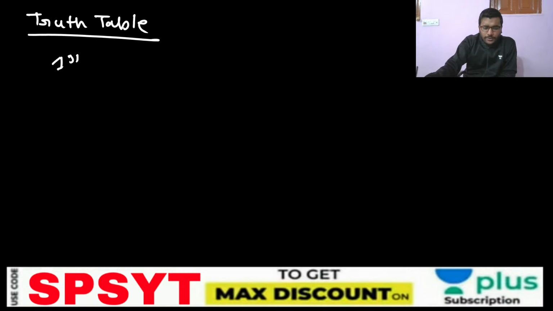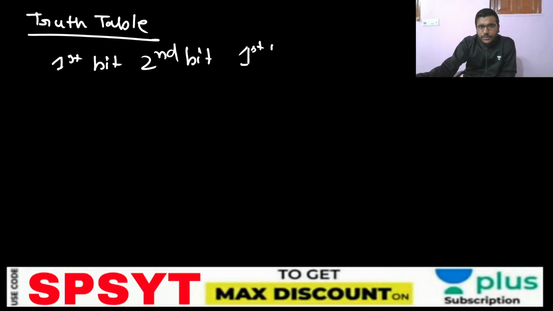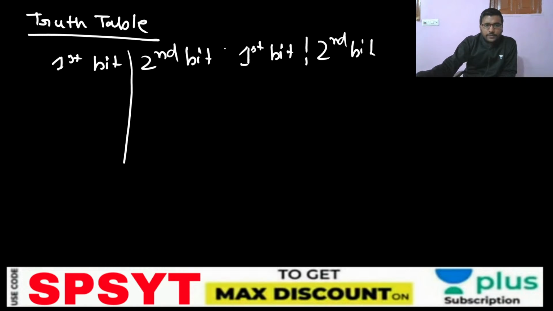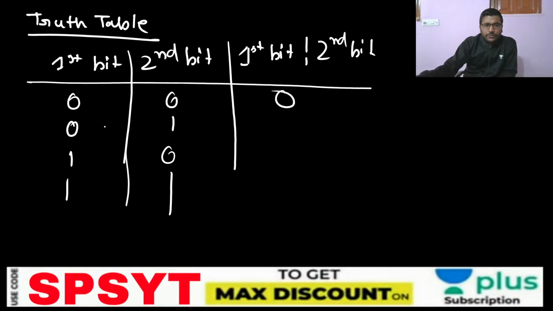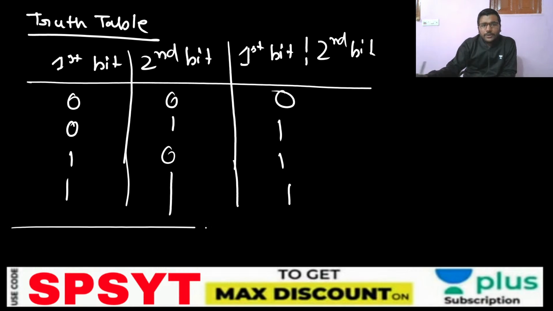The first bit, inclusive OR, the second bit. 0 0 1 1, 0 1 0 1. So it is 0 1 1 1, because if the other one is 1, you are going to get 1. Okay, now bitwise inclusive OR is done.